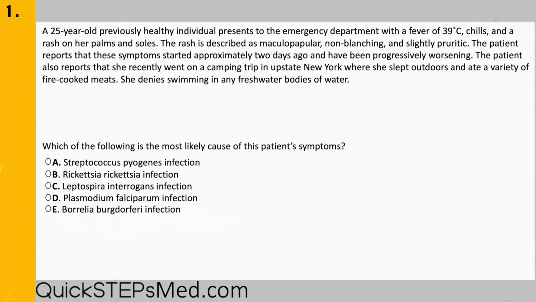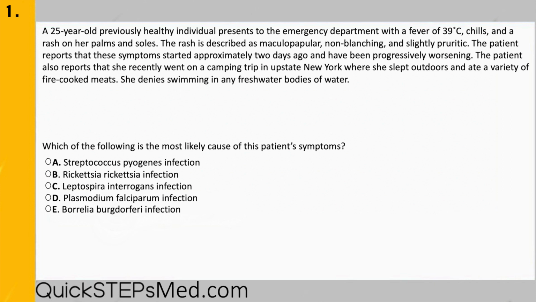You might be able to if you've done a ton of questions and know the general gestalt of everything. However, it saves a lot more time to do it with the QuickSteps method than to just brute force it. Every few seconds that you save by using this method, you save brain space, you save energy, and you save time to review questions later on. So that being said, let's start with question 1.